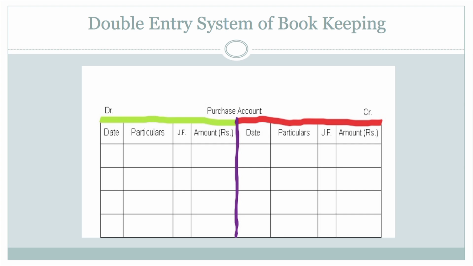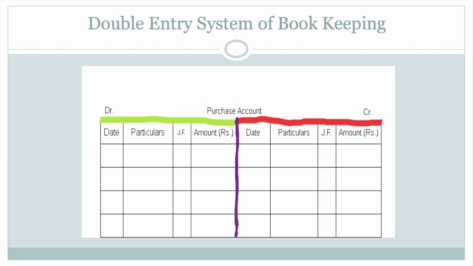So let us again recapitulate the format. On one side, the left side, we have the debit side, DR, and on the other side, we have CR, the credit side, with the same column names: date, particulars, JF, amount.